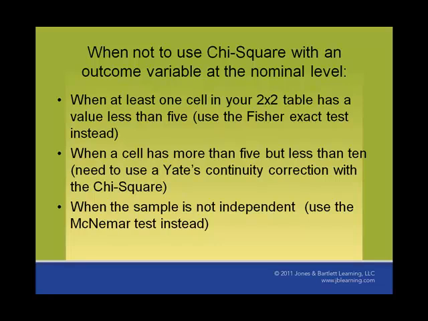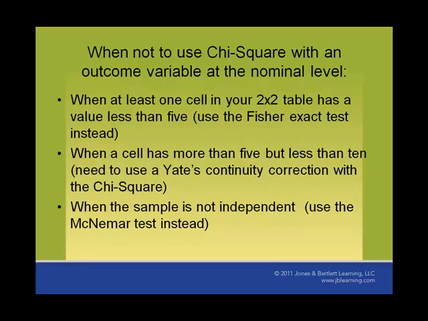We don't cover that test itself in this class, but it's just to let you know that when you get to very small cell counts, when one of those white boxes is less than 5, we start to get errors in the results from the chi-square test. The other thing is when the cell has more than 5 but is still less than 10, you're going to need to use the Yates continuity correction with the chi-square.